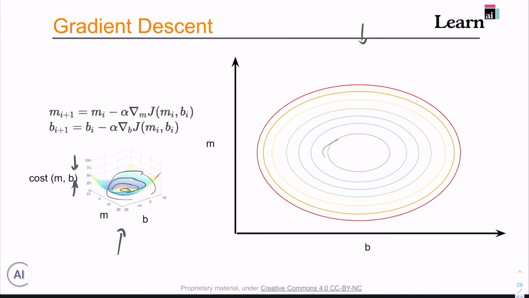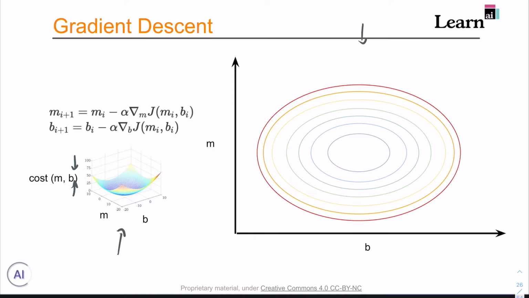The colors, I tried to make them match as much as possible. What we're looking for is to step down these circles as fast as possible. So if we're here, we want to go this way, and we want to go like that.